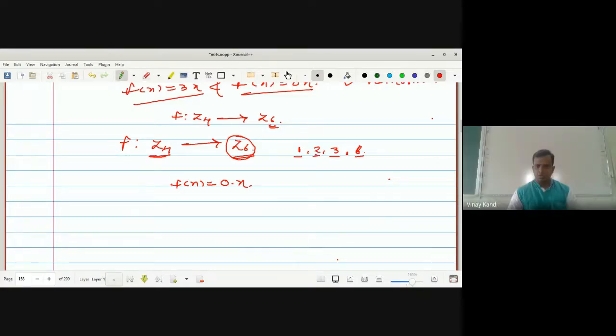The order of 3 is 2 here. The order of 2 in Z4 is 2. So what is f of x? It is 3x.